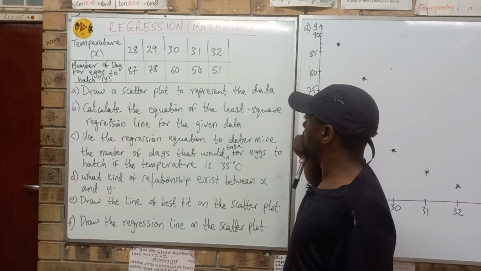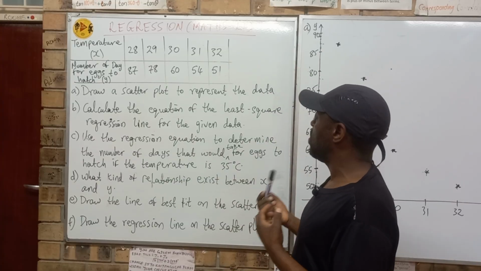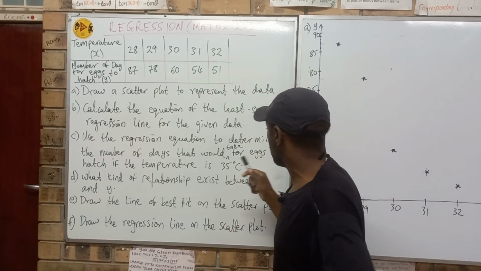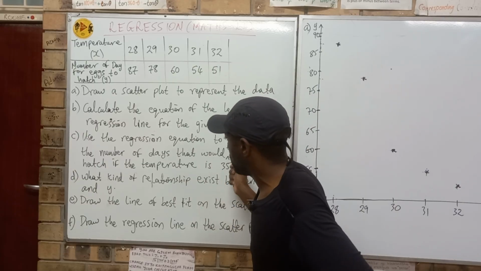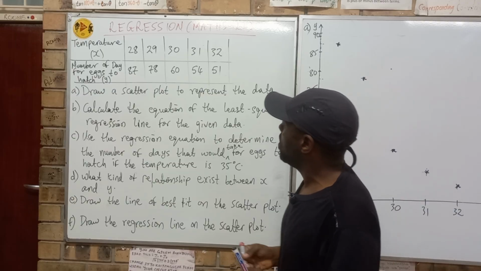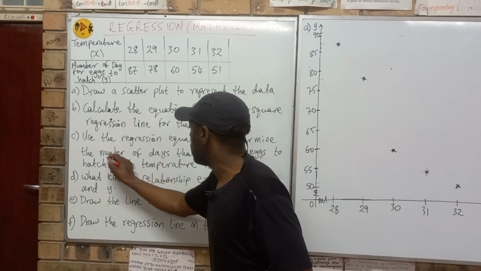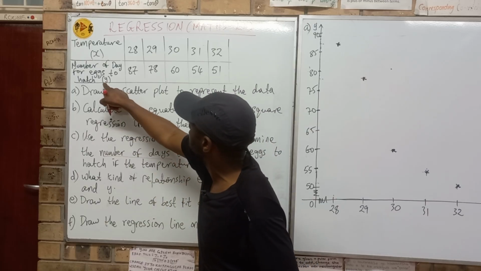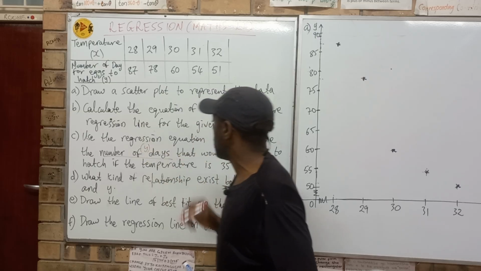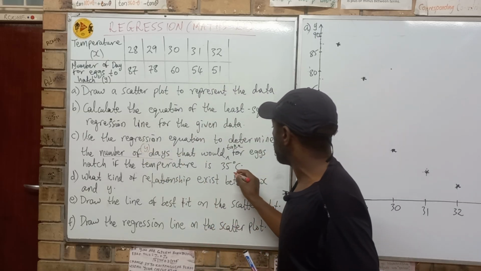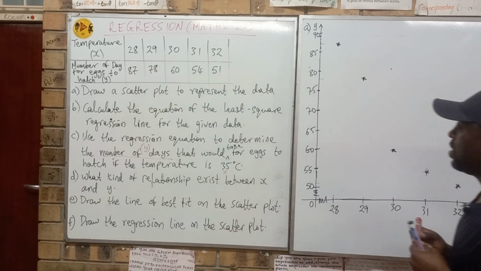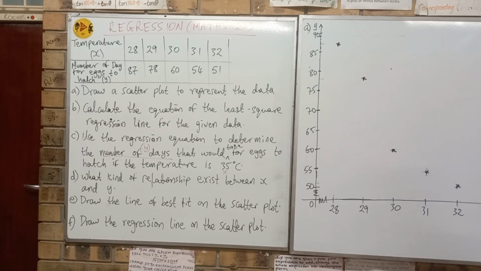So we want to see how many days it will take for the crocodile to hatch its eggs if the temperature is 35. So the target here is to check that number of days in your original table. What does it represent? You see, number of days for x to hatch is representing our y. So again, we are looking for y when the temperature there is representing our x. So in this case, we've given you your x value to calculate the y.